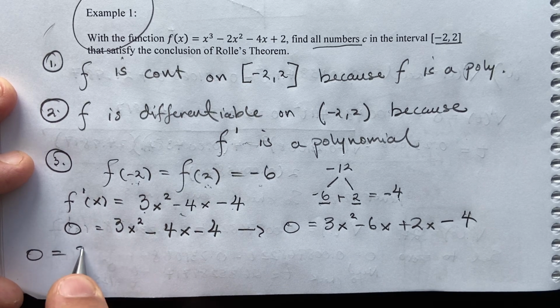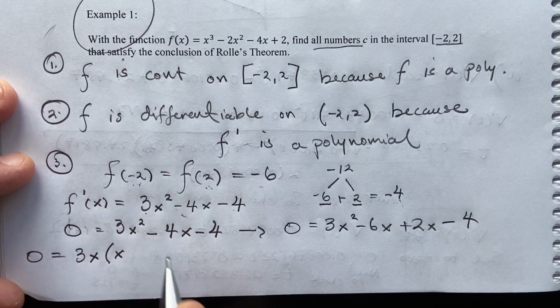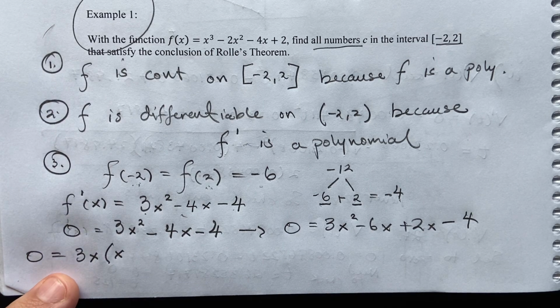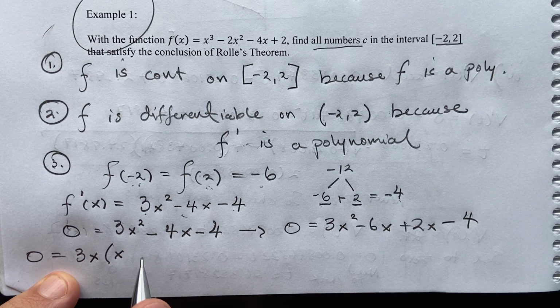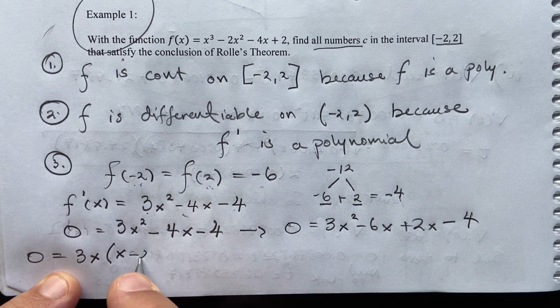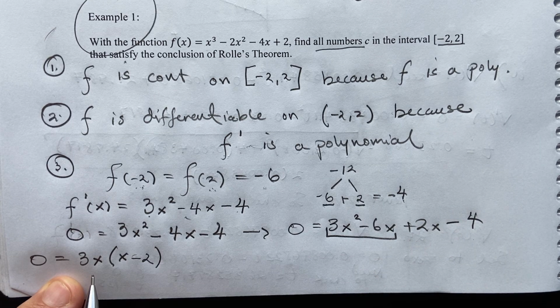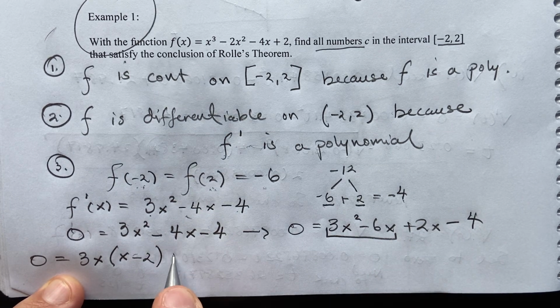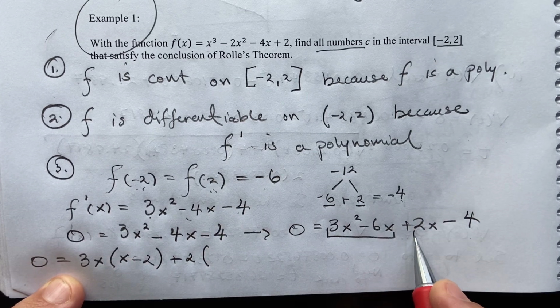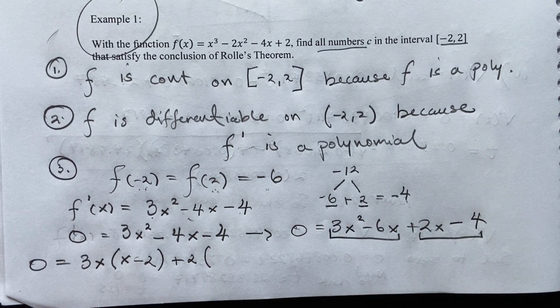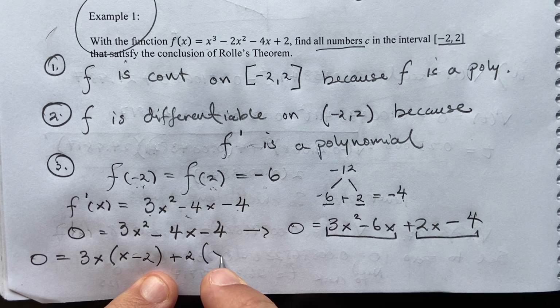So 0 equals 3x. Factor out the 3x, and that leaves behind an x minus 2. Then factor out a 2 from the other two terms. I'm factoring by grouping, so I have x minus 2.